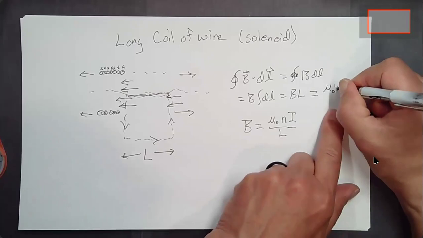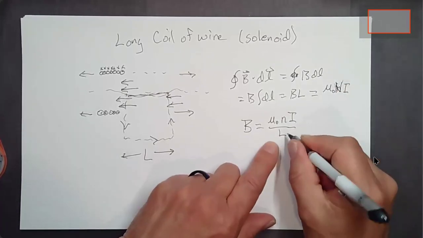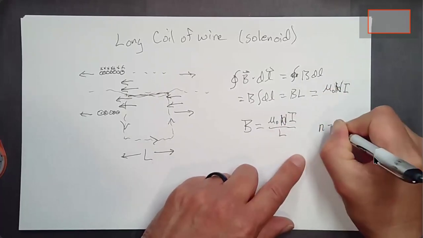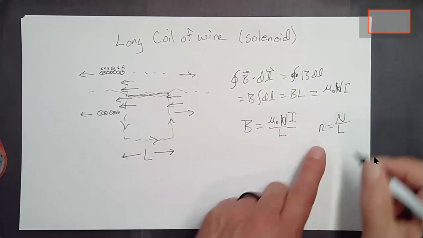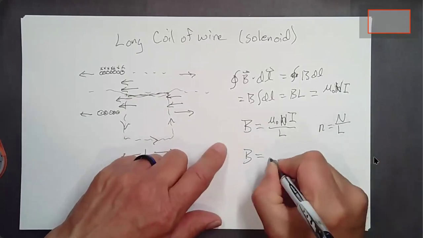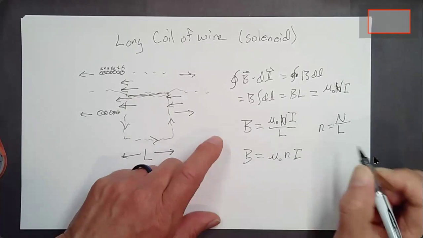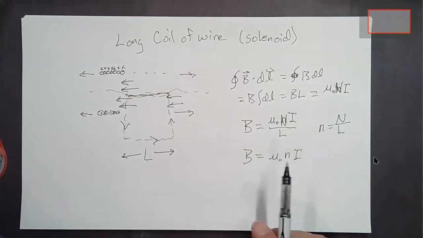Maybe I'll use a capital N for the number of wires that we actually got, and define lowercase n to be the number of turns per unit length on the coil. And then you can say that the magnetic field of that solenoid is just mu naught n times I. So that'll be the number of turns per unit length.